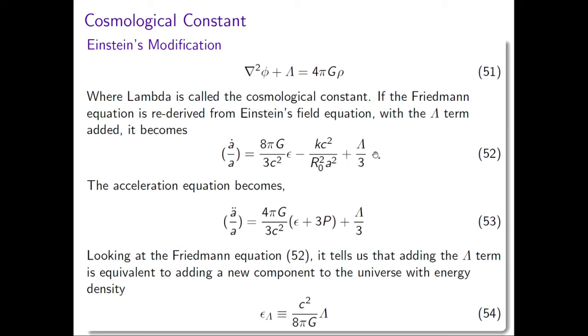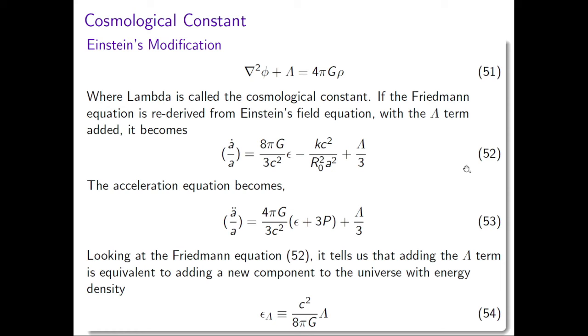One thing to know is that the fluid equation remains the same, because it doesn't depend on that. The acceleration equation does depend, because matter is accelerating, and you're adding a factor that negates the acceleration such that the net acceleration becomes zero. So you need to add the quantity to the acceleration equation: a double dot by a is equal to 4 pi G by 3c square times epsilon plus 3p, plus lambda by 3 again.